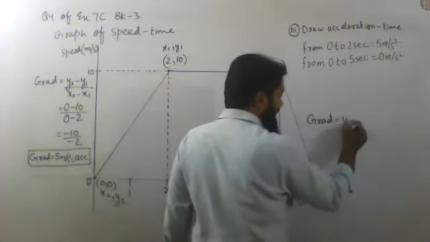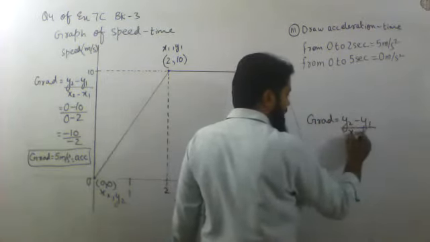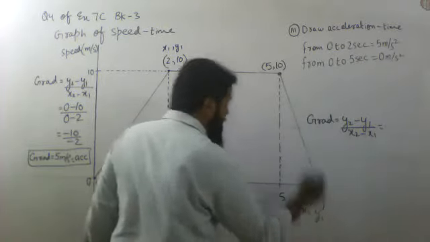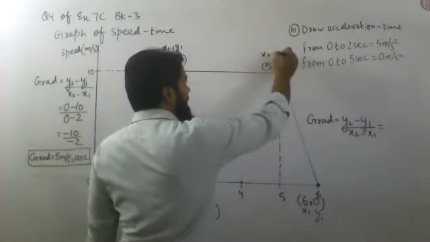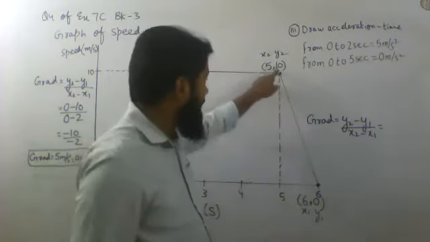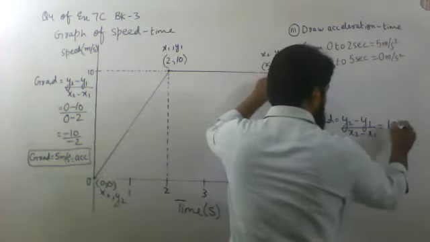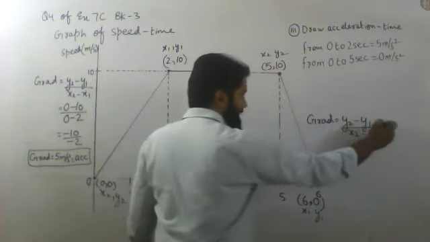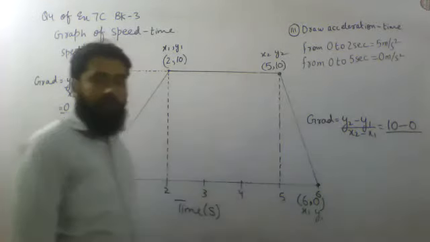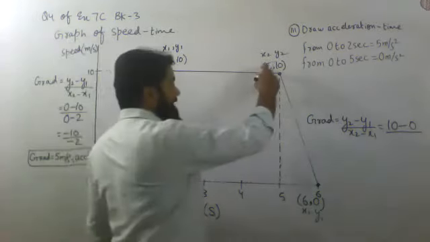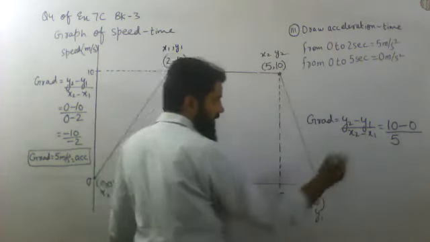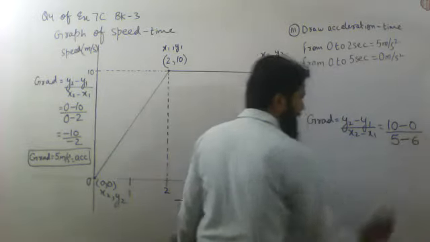is y2 minus y1 upon x2 minus x1. So x1 y1, x2 y2. Right? y2 is given over here 10. y2 minus y1, where y1 is 0, upon x2, which is 5, and x1, which is minus 6.